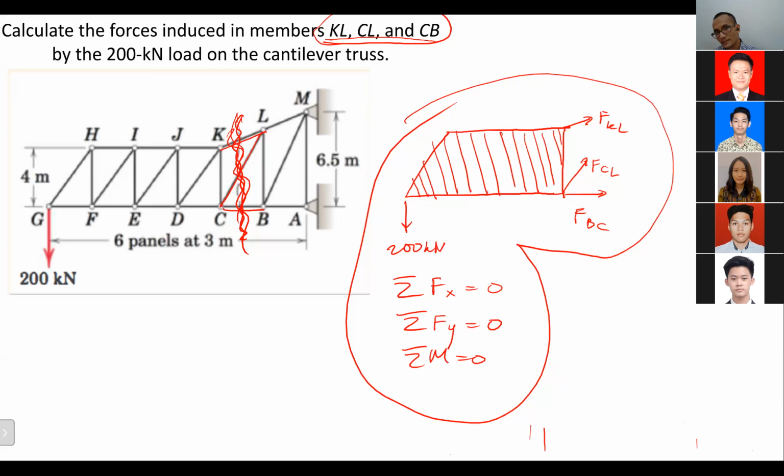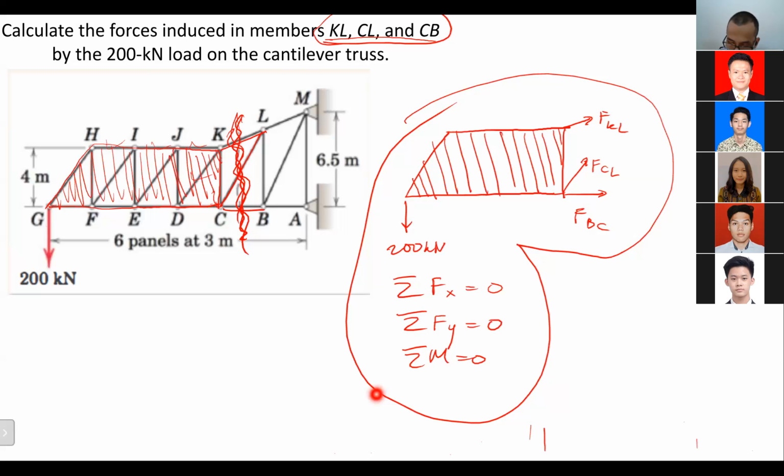Because they actually belong to the members HI, IJ, JK, DK, etc. But when we cut it like this and consider this part as one system, everything inside of that becomes internal force.